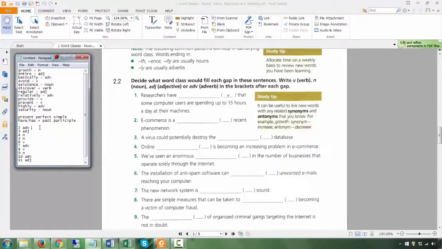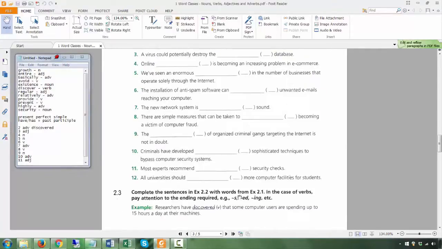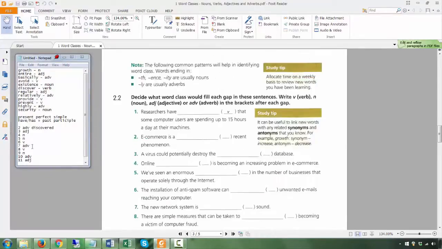Okay, so you put it in, as I mentioned here, you may have to change the endings for the verb. Okay, so discovered, this is your present perfect simple tense. E-commerce is a... you know that this is, sorry, one should be here, sorry. Verb, which is discovered.